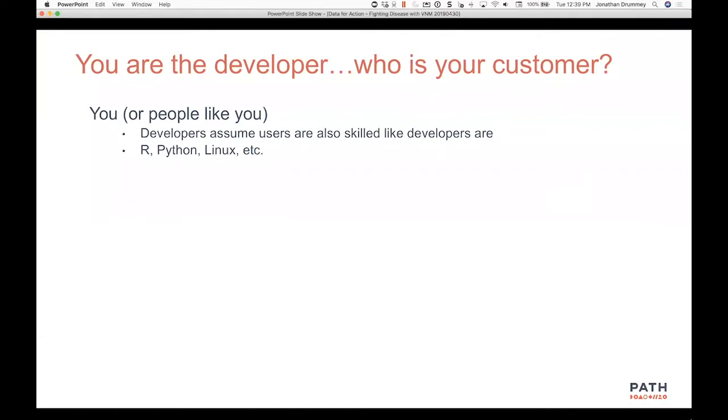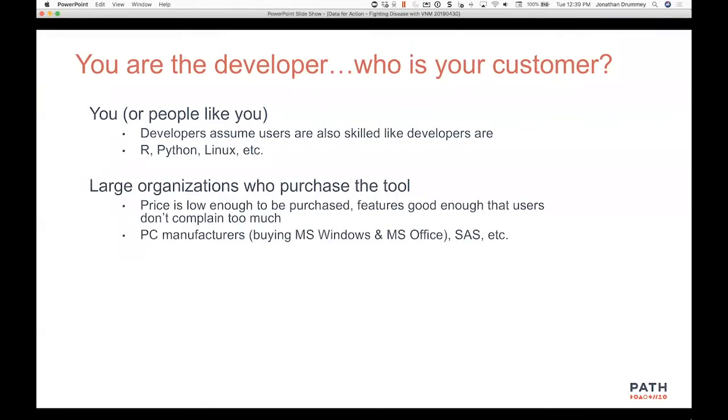And so statistical languages like R or Python, which is a stats and general purpose language, Linux and so on, are built that way, and they tend to assume that the users are going to also be fairly highly skilled, like developers are. Then there's maybe your customers are large organizations who are purchasing the tool. So for example, all of our PCs that come with Windows and Office installed, the customer there is the manufacturer.